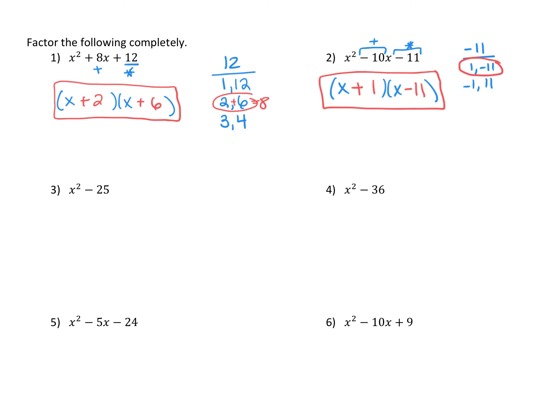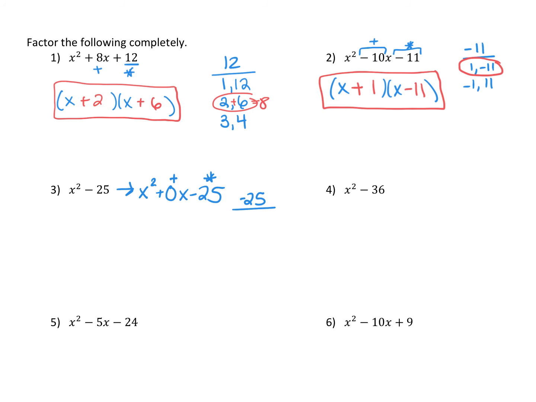All right, 3 looks a little different, but we're actually going to treat it the same. It's actually missing the middle term. So I'm going to rewrite this as x squared plus 0x minus 25, because it was just missing that middle term. Now I'm looking for two numbers that add to 0, but multiply to negative 25.